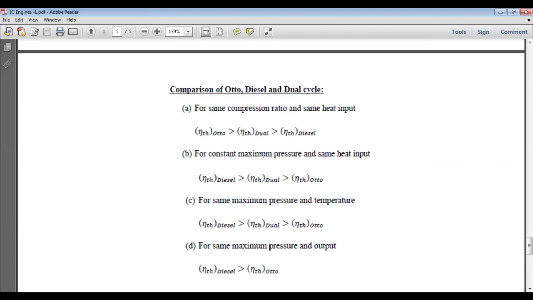Okay, for constant maximum pressure and same heat input, diesel engine has high efficiency, then dual, then Otto. For same maximum pressure and temperature, the diesel engine has high efficiency, then dual, then Otto. And for same maximum pressure and output, the diesel engine has high efficiency as compared to Otto.